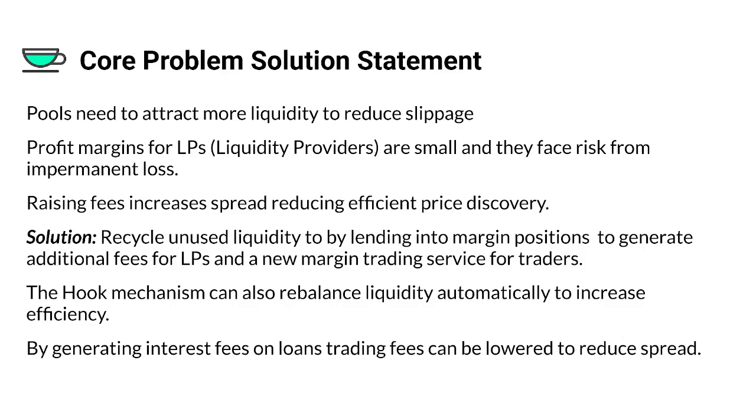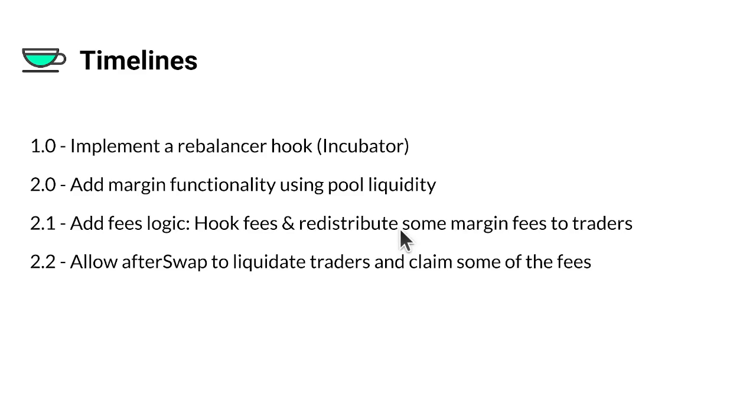The other cool thing about this is that because we're moving liquidity about in order to do lending, we can also rebalance the liquidity automatically to make sure that we have our liquidity in the optimum ticks. Another benefit is that by generating interest fees on the loans, we can reduce the fees for normal swaps and reduce the spread, making arbitrage more efficient.